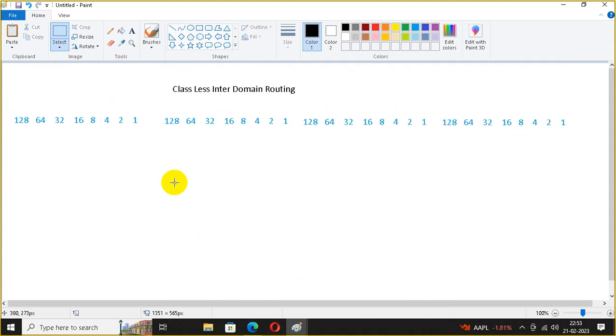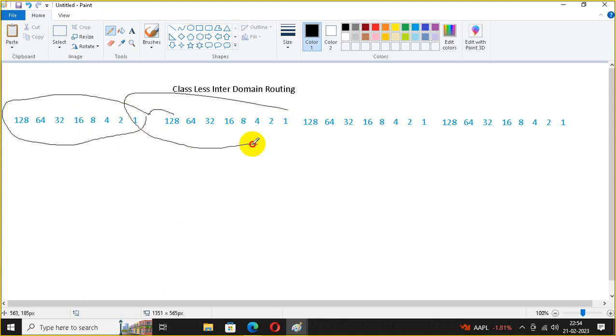Now classless inter-domain means whenever one class is full, it will jump to the next class. Whenever the next class is full, it jumps to the next class. Got my point? Understand this concept.